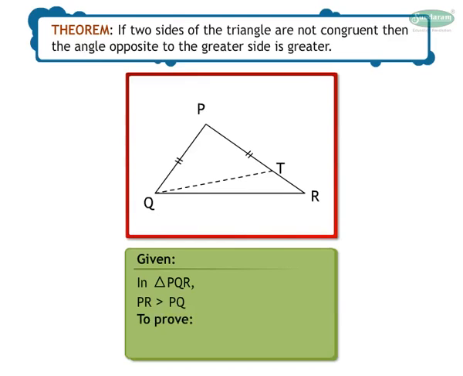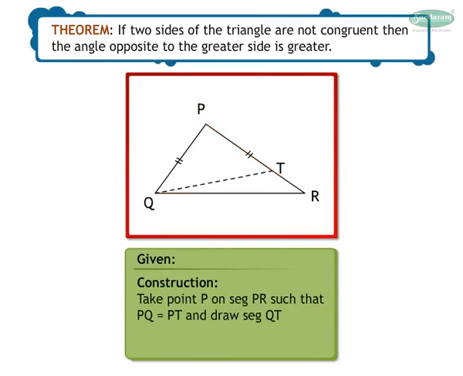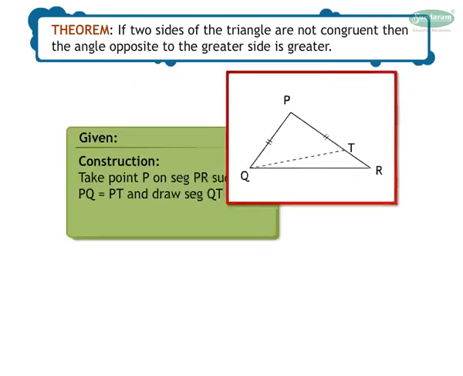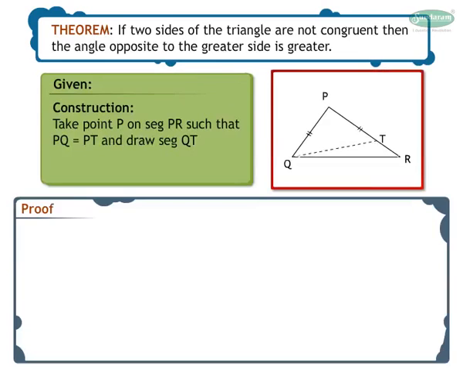We have to prove that angle PQR is greater than angle PRQ. Construction. Let us take point T on segment PR such that PQ is equal to PT and draw segment QT. Let us see the steps of the proof.